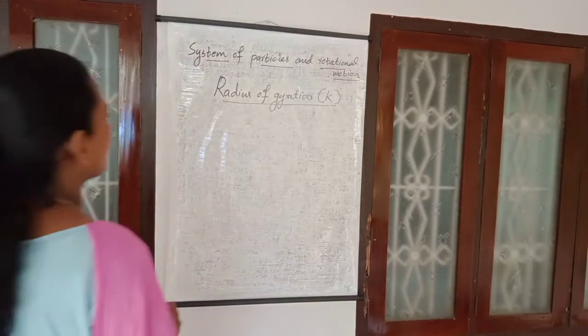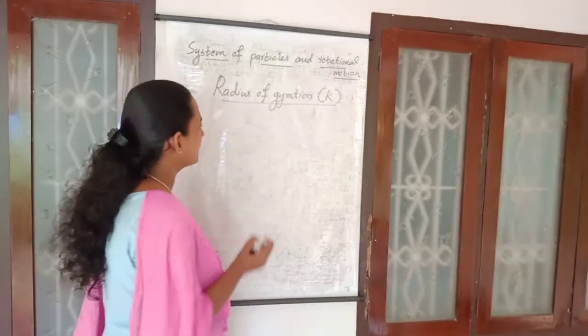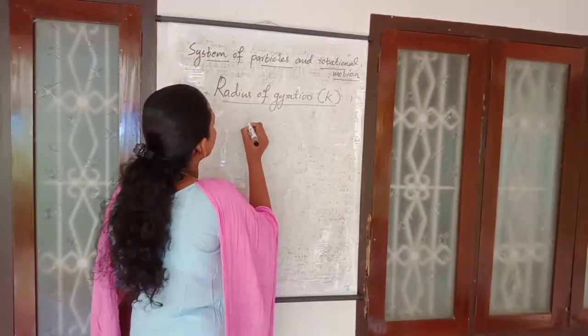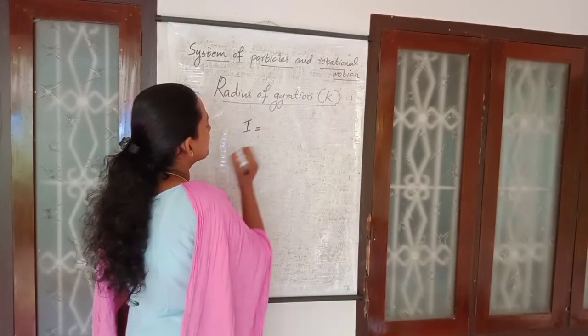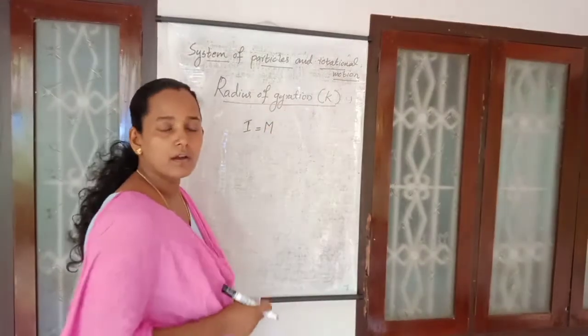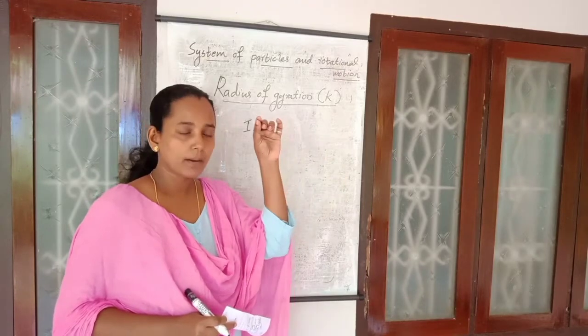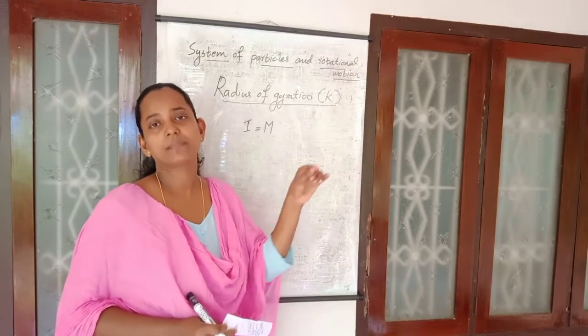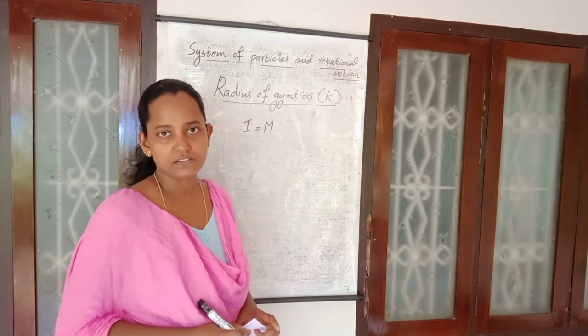So what does this radius of gyration mean? We know that moment of inertia I is the mass of the body into r square, where r stands for the distance of the particle from the axis of rotation.